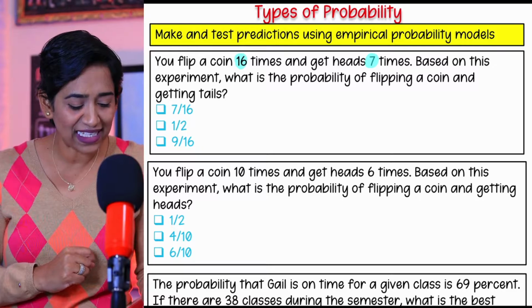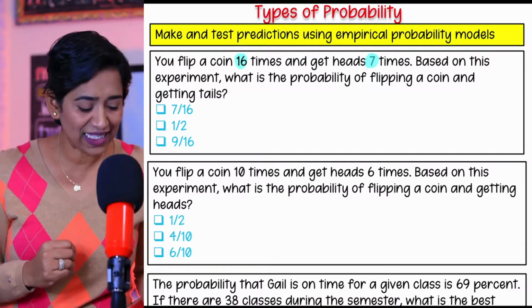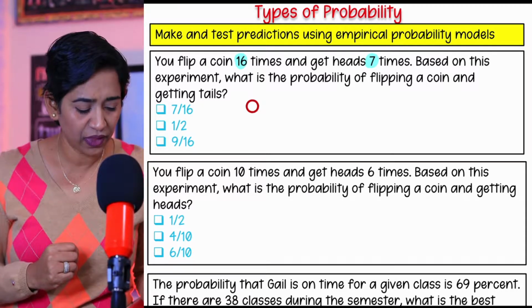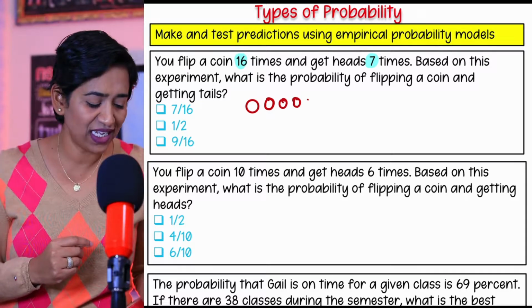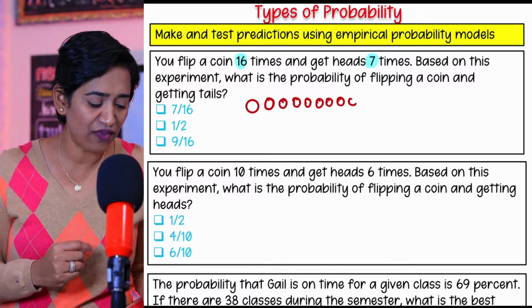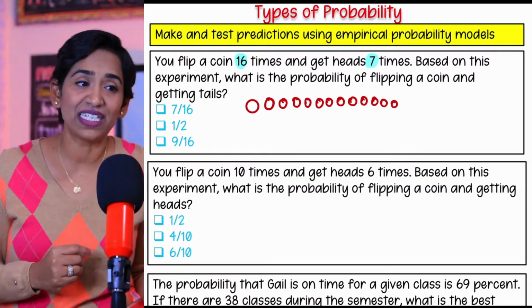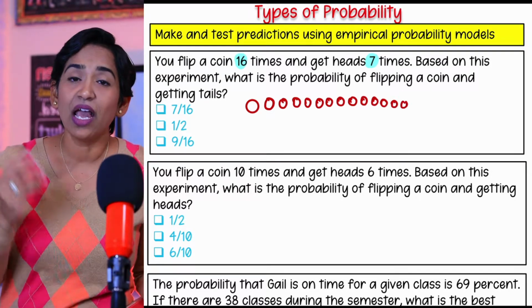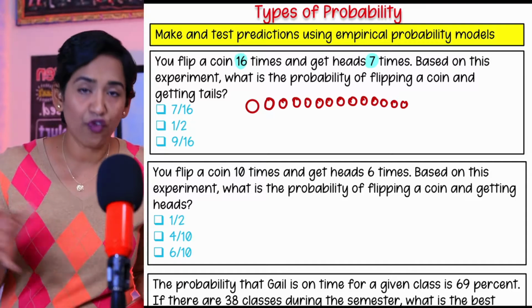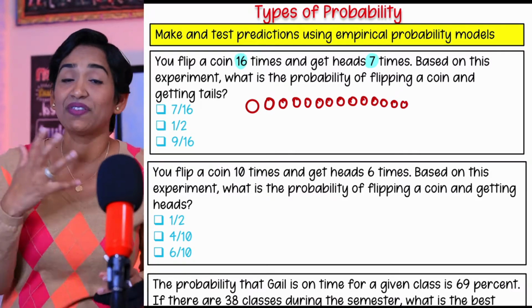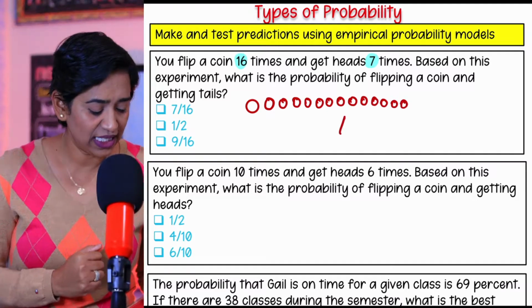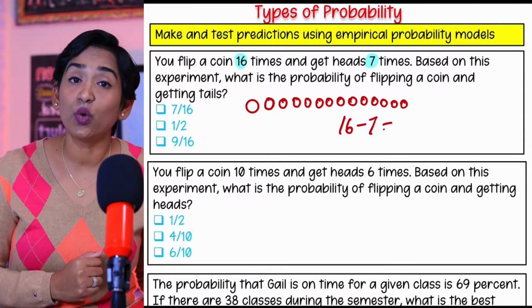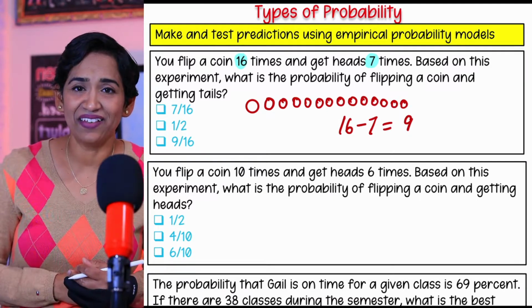Look at what they're asking you for. You're flipping a coin 16 times. So 1, 2, 3, 4, 5, 6, 7, 8, 9, 10, 11, 12, 13, 14, 15, 16. Hopefully I have 16 there. 7 of them are heads. So from 16 coins, if 7 of them are heads, how many of them are tails? 16 minus 7, which is 9.